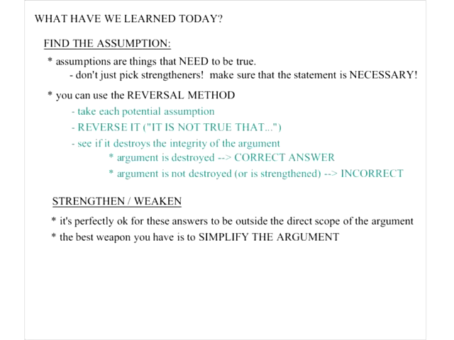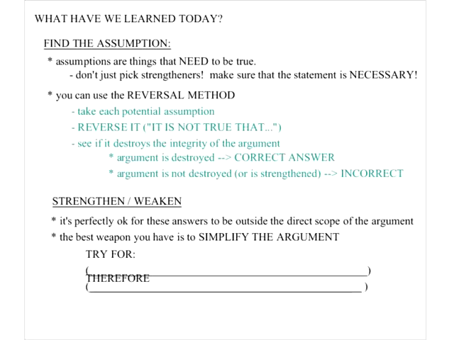When you do that, try for one line: therefore, one line. And then only apply the choices to your simplified argument.